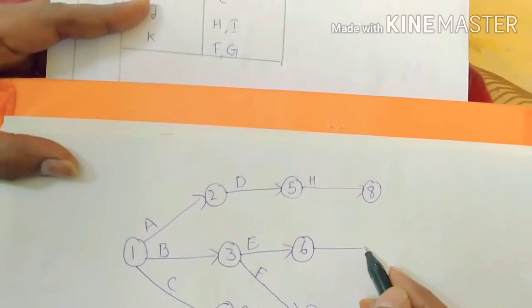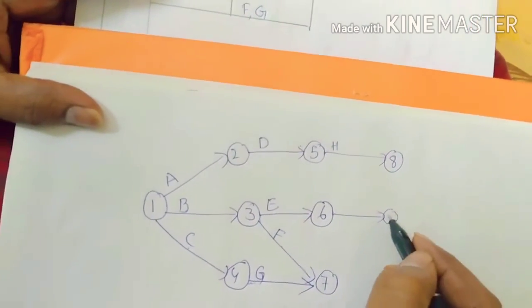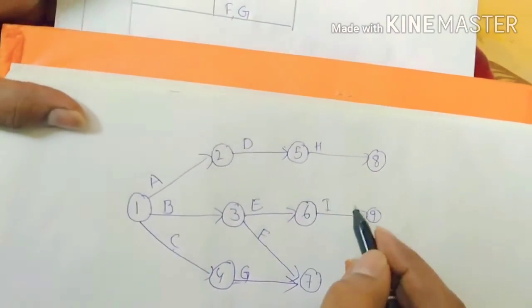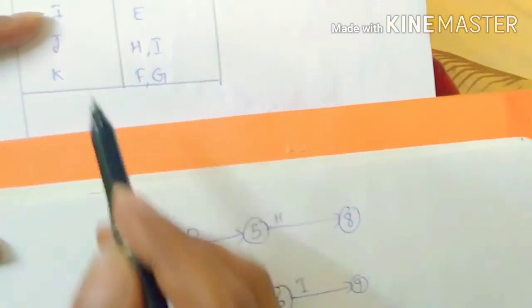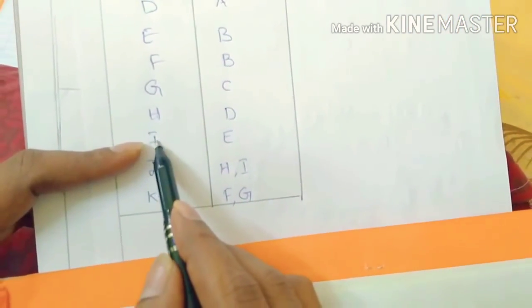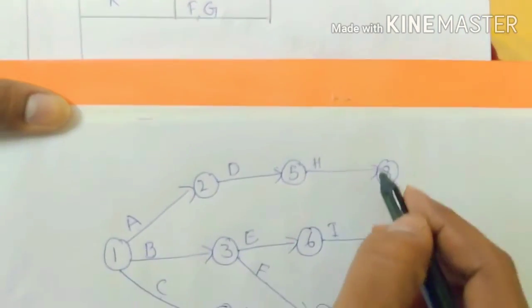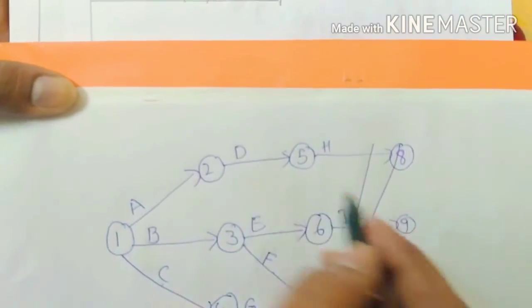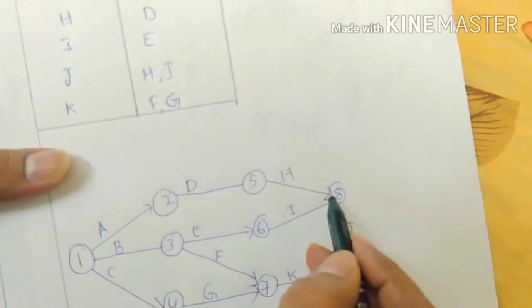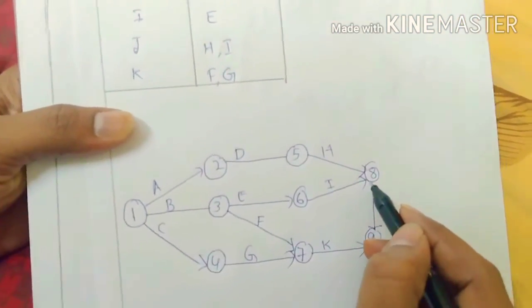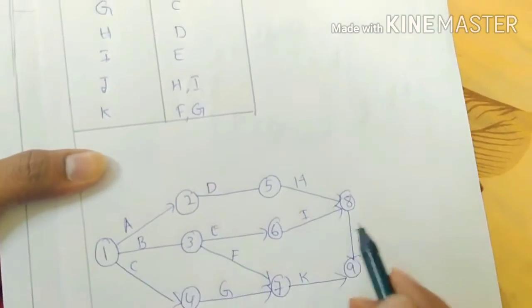Likewise, if you draw this, it can become the I. But here you can see whenever J is there, J before H and I should be there. So it indicates that there is a common point for H and I. That's why we will change this direction. Likewise, we will change this direction. H and I common point, likewise we will change this 8.